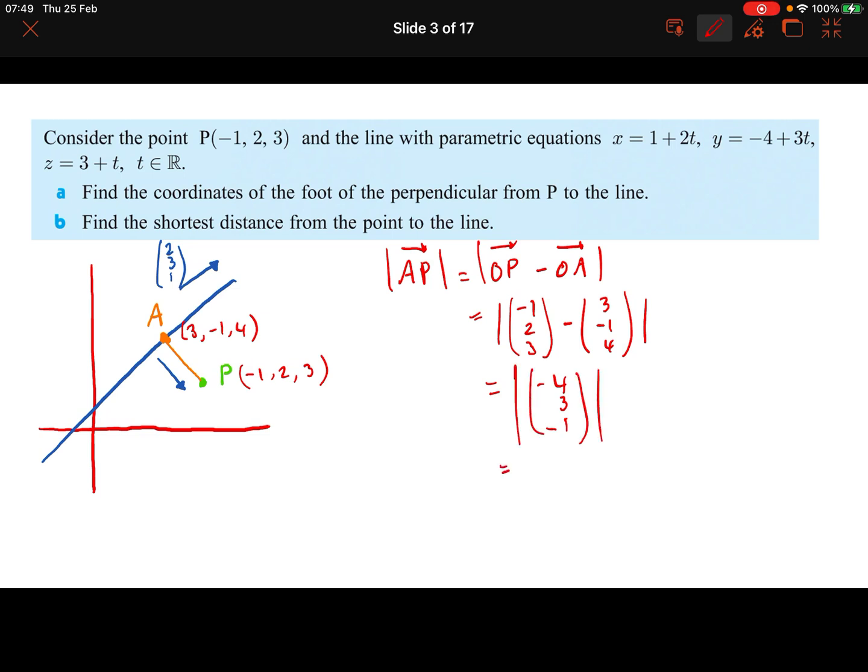So it's going to be equal to the square root of 4 squared, which is 16, plus 3 squared, which is 9, plus 1 squared, which is 1. So it's going to be the square root of 26. So there is the answer. The shortest distance between the point and the line is root 26.